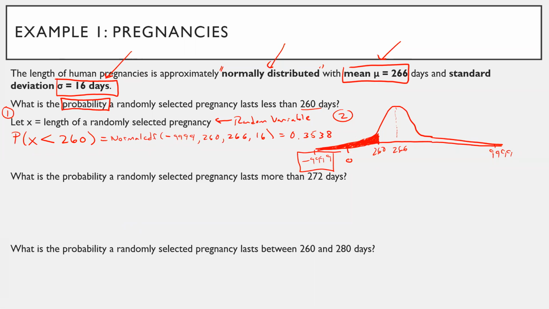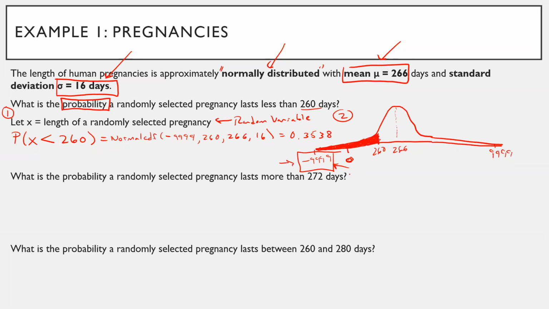Here's 0, here's 260, 266. So every question where you shade to the left, you're going to use this number as the lower bound every time. Just bear with me, just use negative 99999 whenever you're going to shade to the left.